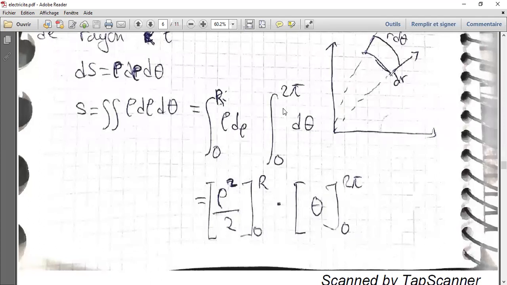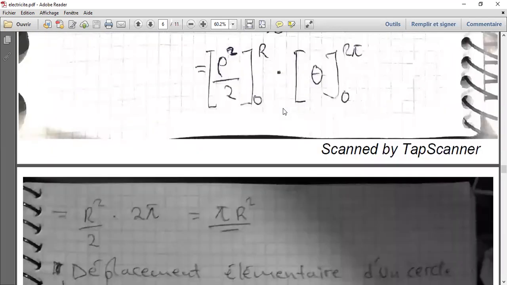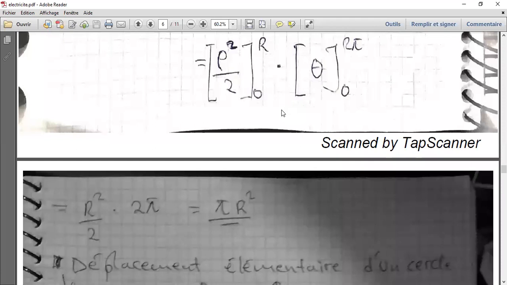So this is how you integrate the d theta. Now for the rho part, there's r and 0, so you do r squared divided by 2 minus 0, where I place 0 for rho, which is just r squared over 2.